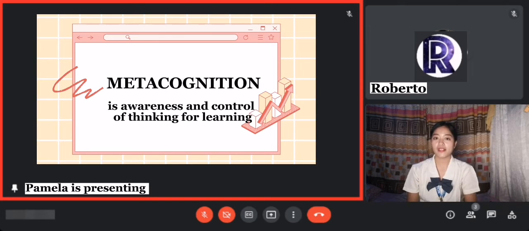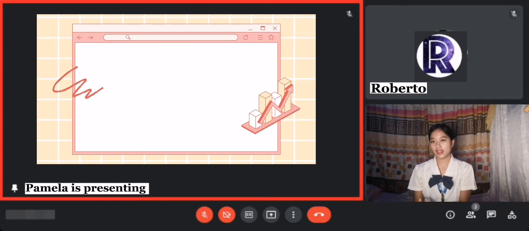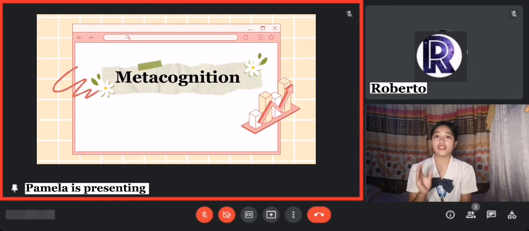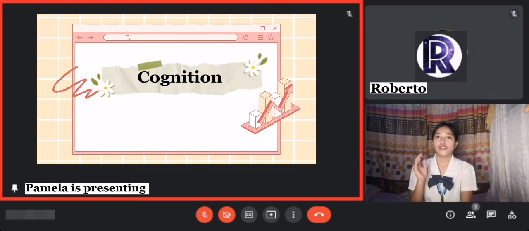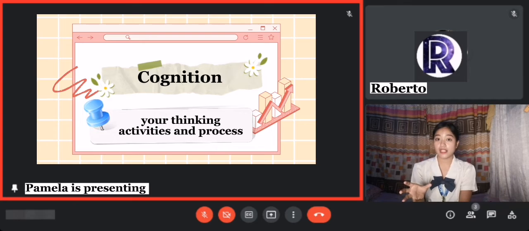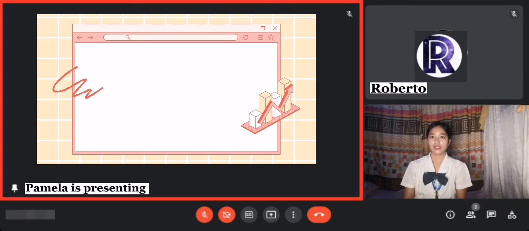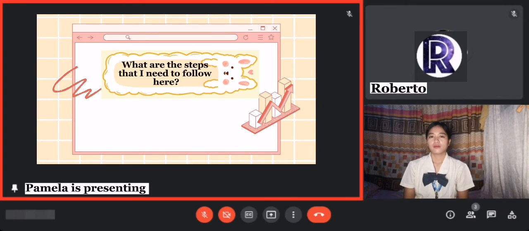Metacognition is the process of thinking about one's own thinking and learning. So if we say metacognition, it is intentional thinking about how you think and learn. And if we say cognition, it is your thinking activities and processes. Like, what are the steps that I need to follow here?